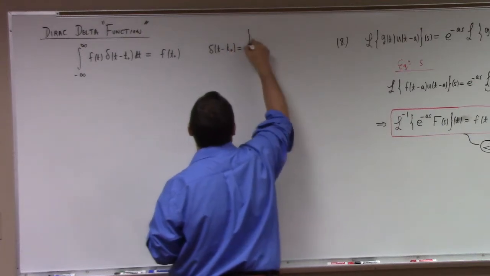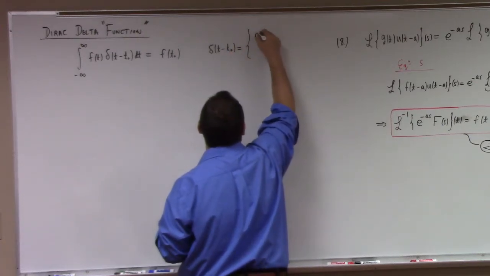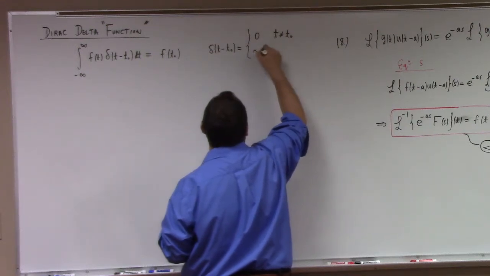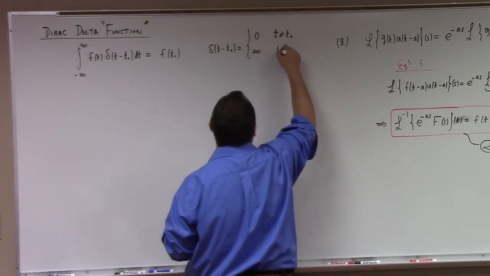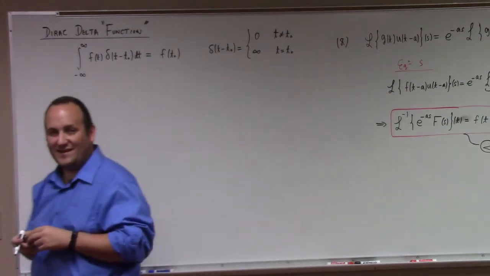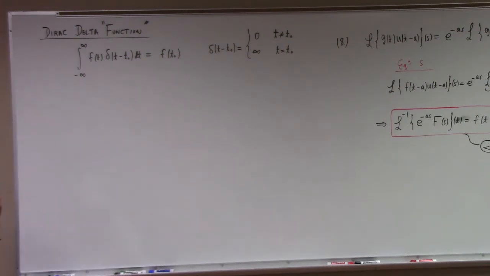This is equal to 0 for t not equal to t naught, and it's equal to infinity for t equals t naught. But it's infinity in such a way that when you integrate it times a function, it just evaluates the function at that point.